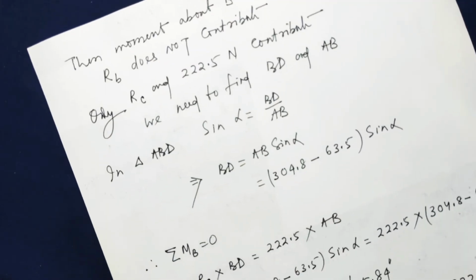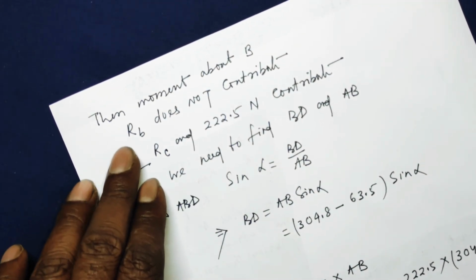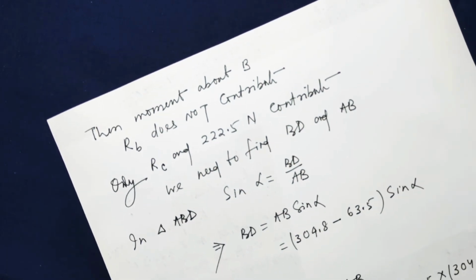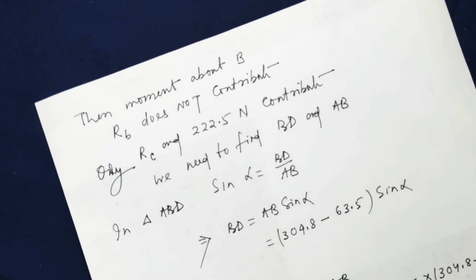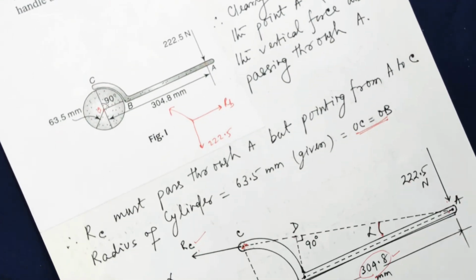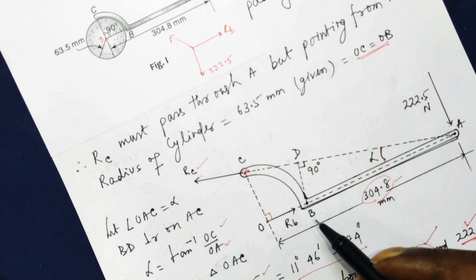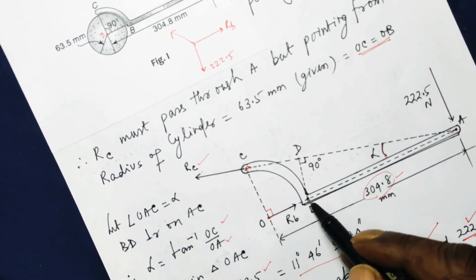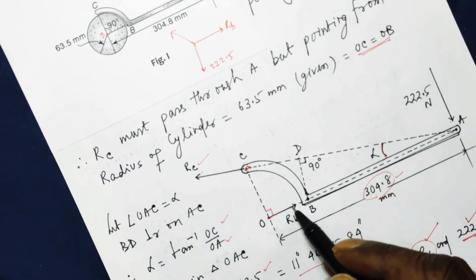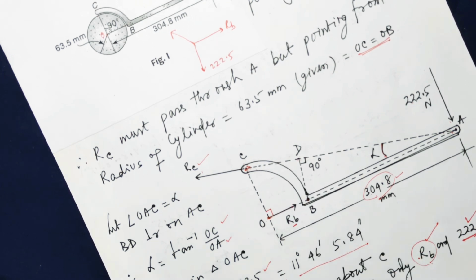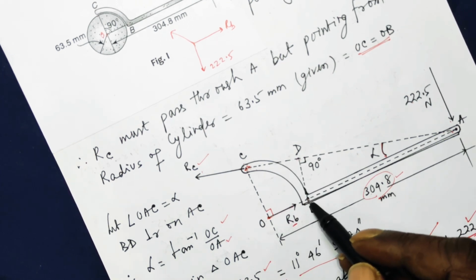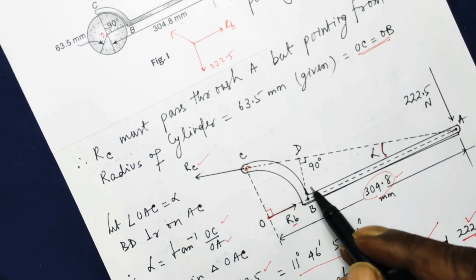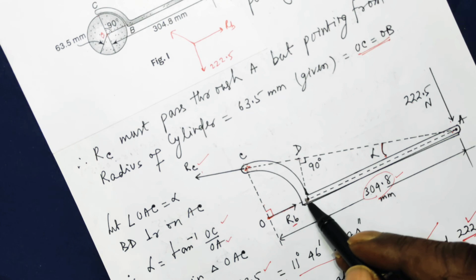Now then you again take the moment about the point B. Now for that you have to look at the diagram again. Moment about the point B. Now RB is a reaction force. This reaction force is passing through the point B, means this reaction force RB doesn't have a perpendicular distance from point B. Had RB been here, then there would have been a perpendicular distance.